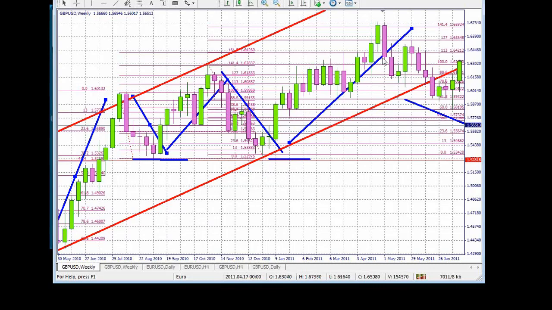So again, we can see that the candles in that fifth wave went to one Fibonacci level, 141.4, and retraced, in the moment when the pair broke the inferior channel line.